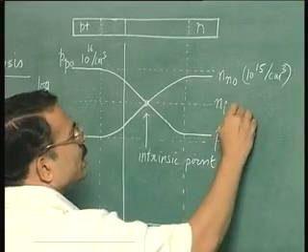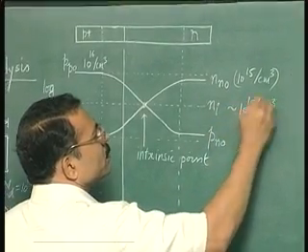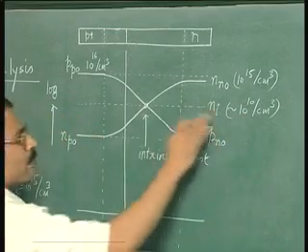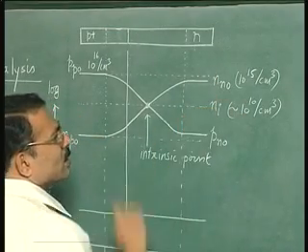So since Ni is of the order of 10 power 10 per centimeter cube, the exact value of Ni is 1.5 into 10 power 10, but we are just interested in the order here.